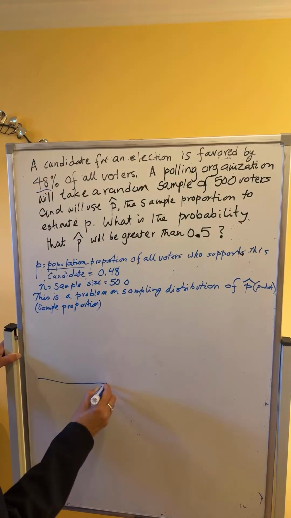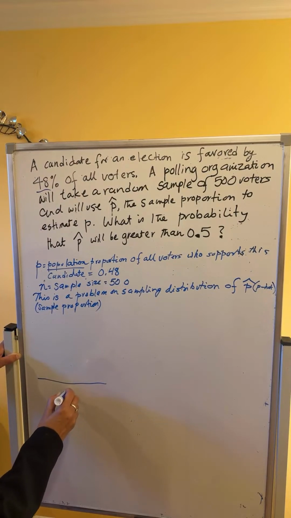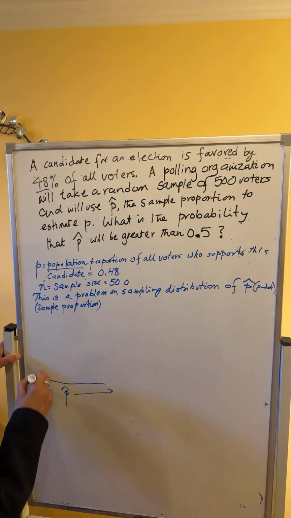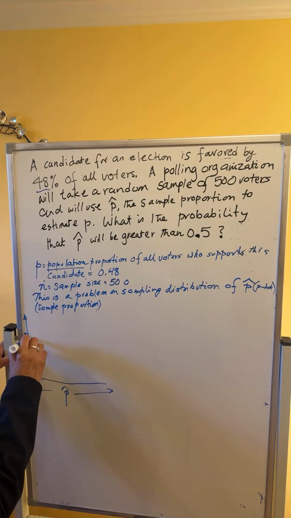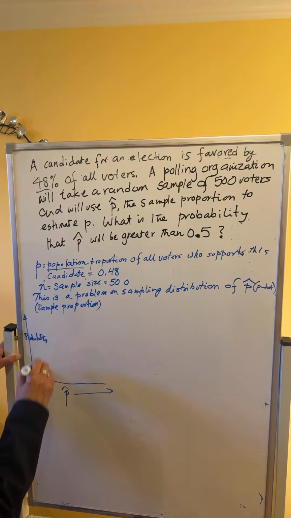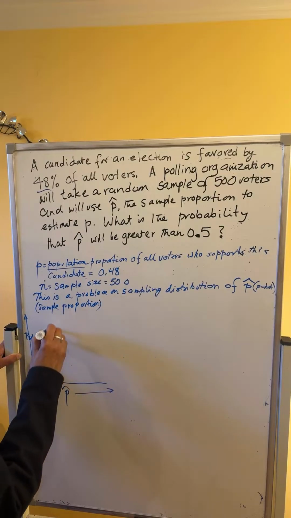It is like this. You have different P hat values on the horizontal axis, and you have probability on the vertical axis, and this is a bell-shaped distribution.